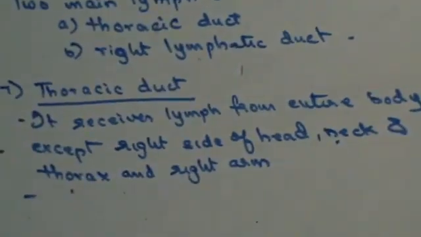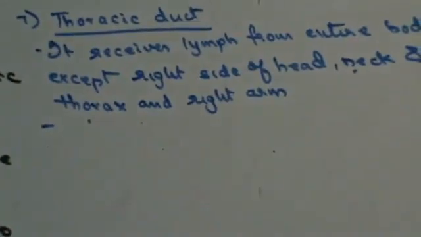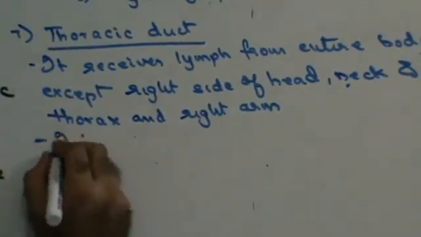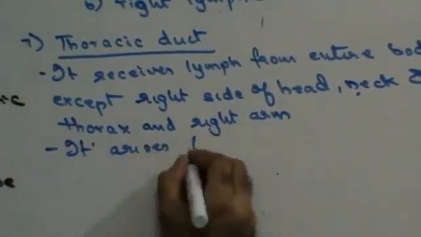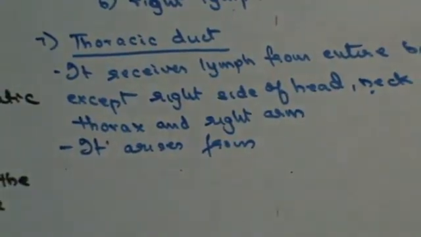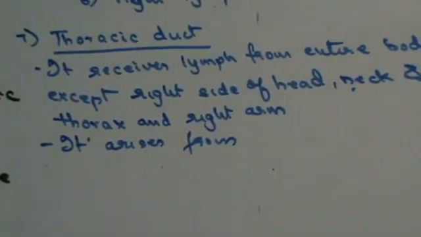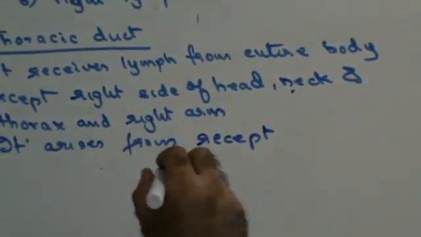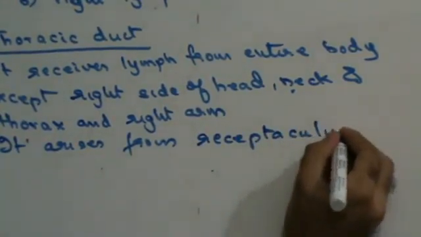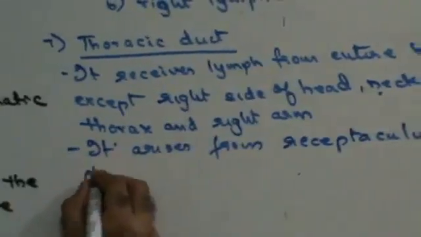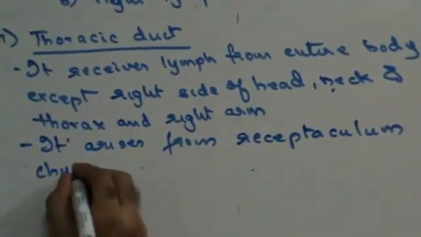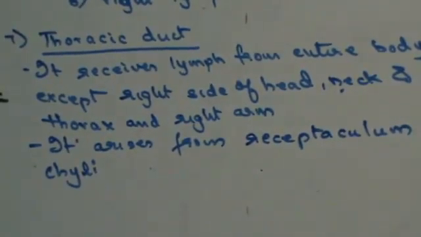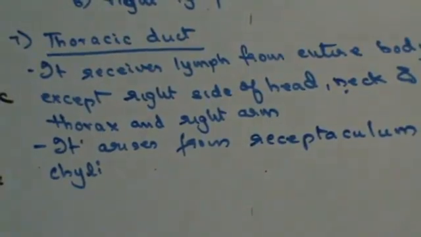So that's from where it is going to receive lymph, right? The thoracic duct arises from something called the receptaculum chyli. Right?